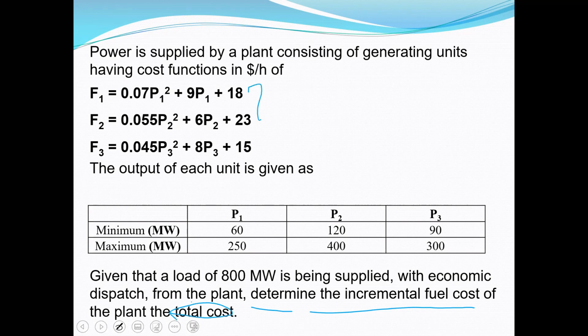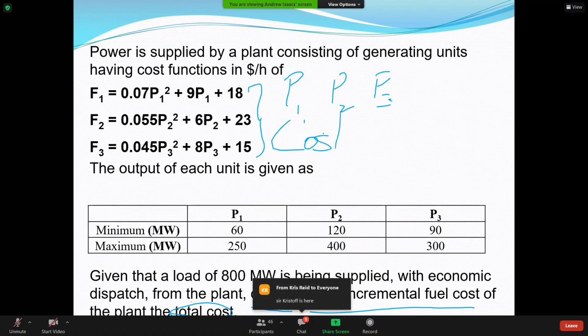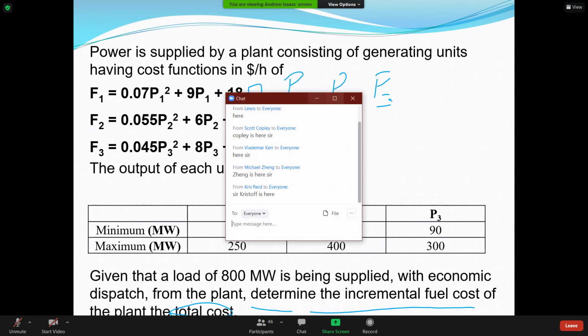Once you have determined P1, P2, and P3, you're going to substitute into the cost functions in order to find the total cost. Is that clear? Is there anybody who doesn't understand that?